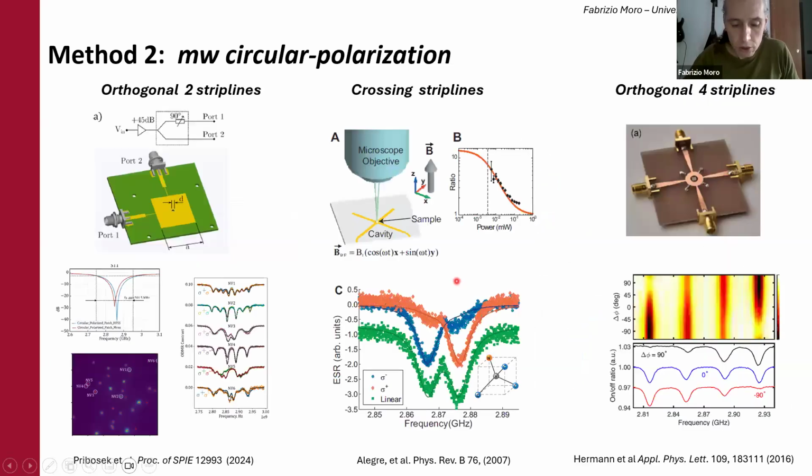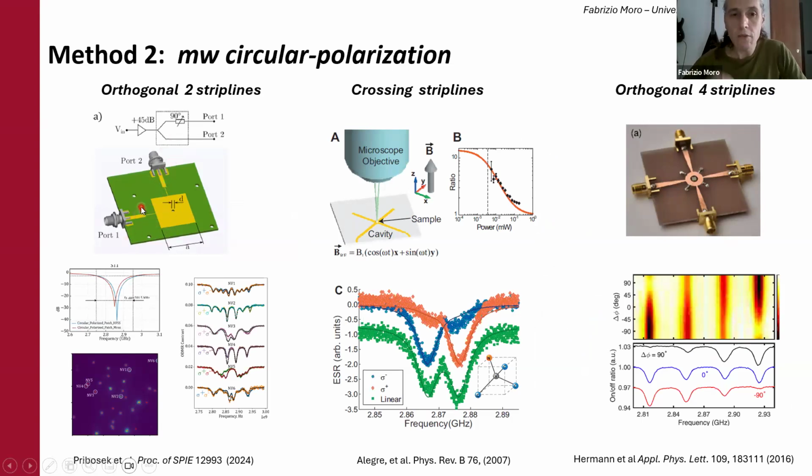And so this provides a very easy way to detect the magnetic field polarity. But in order to implement this method, you have to design a rather sophisticated microstrip line, because in order to have a circular polarization, you have to make sure that we have two input ports where the two microwave signals are shifted by 90 degrees and carry the same amplitude.